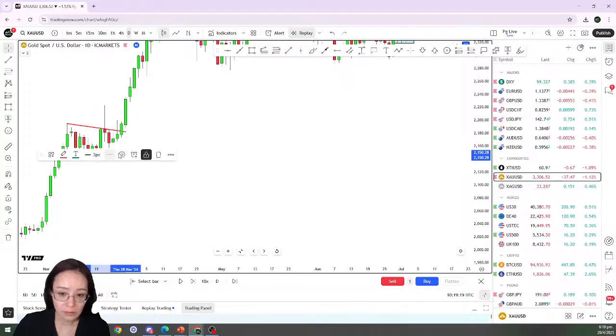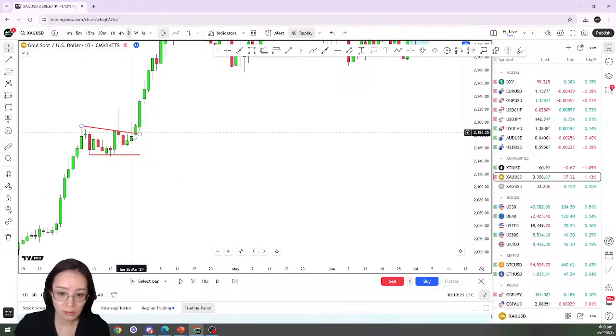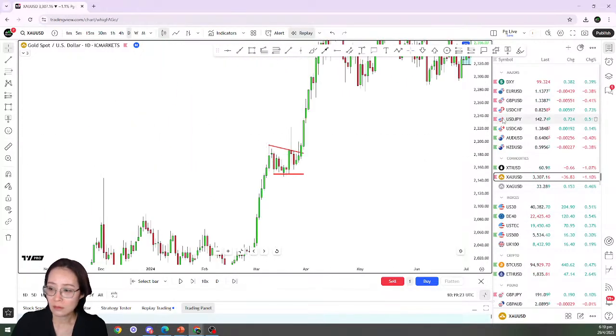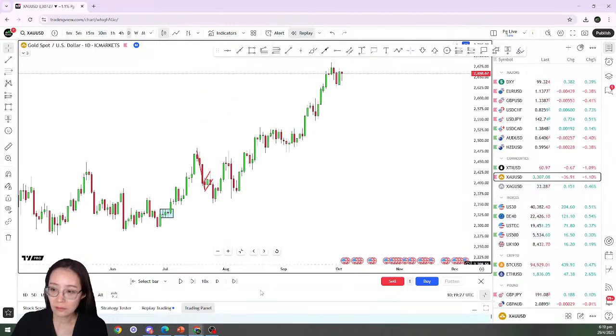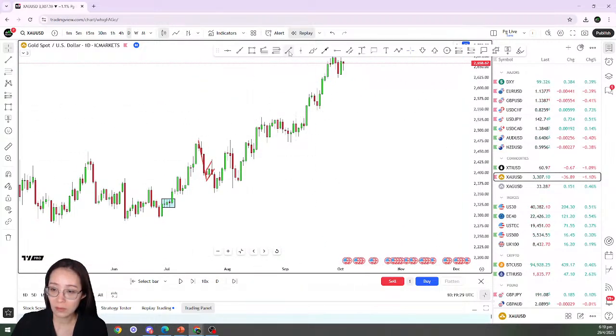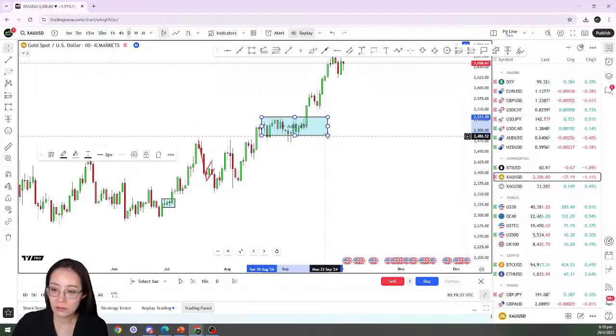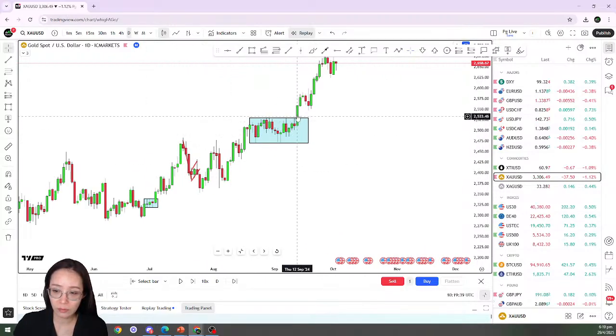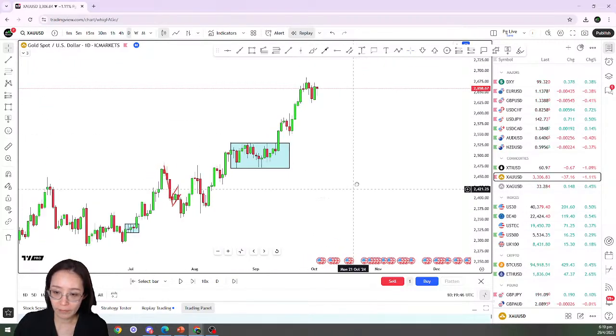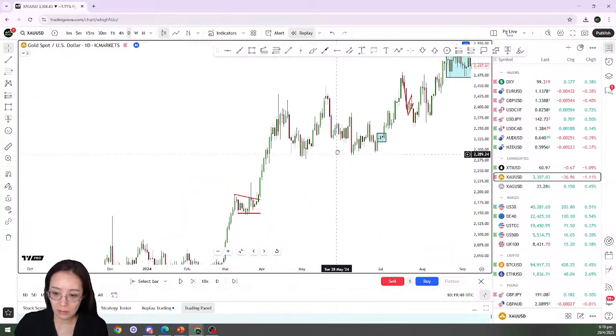Okay. This is another one. This is a sideways, right? Within it you can see the wick and the body, and after that they continue to break. On D1, break above this candle and continue to go up. Okay, this one.